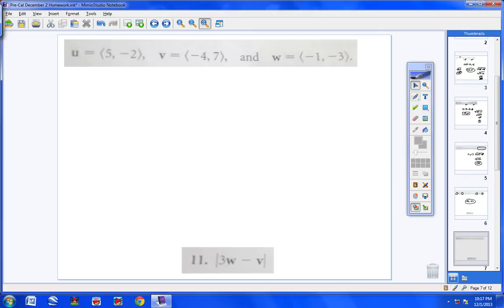Now notice after we're done doing 3w minus v, we're then going to find the magnitude. That's what these lines mean. They mean find the magnitude. So we have 3w, so 3 times w minus v.